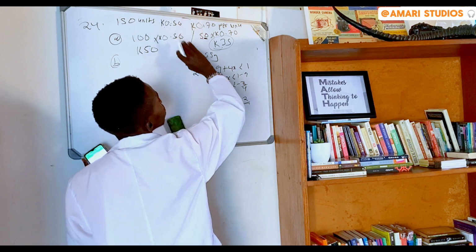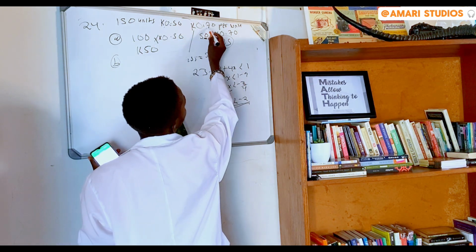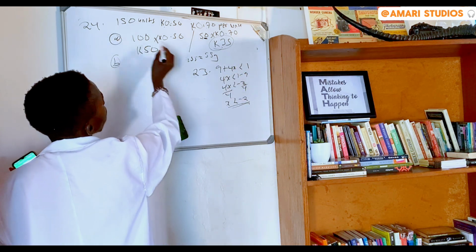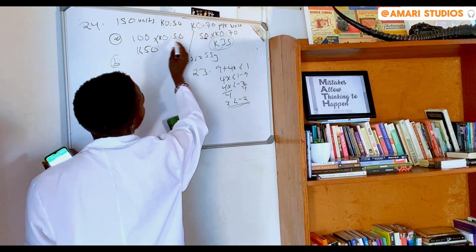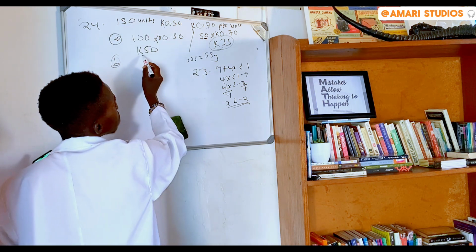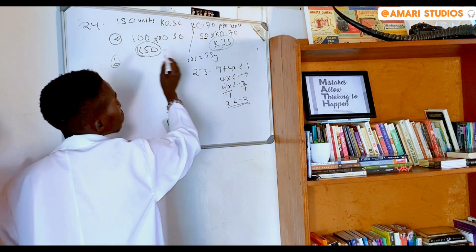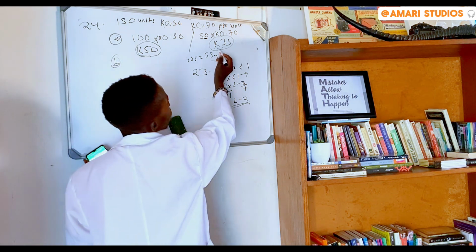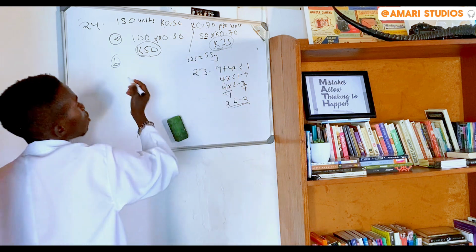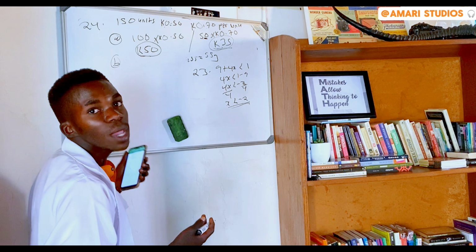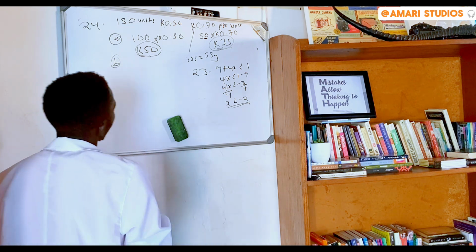If you buy more than 100, you pay 0.70. So 100 plus 50 gives you 150. If you add the money for the first 100 units and for the rest of the units, which is 35, you get the total amount this man paid for the electricity units.